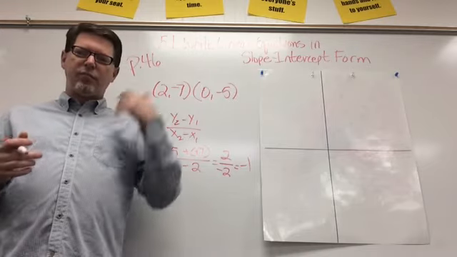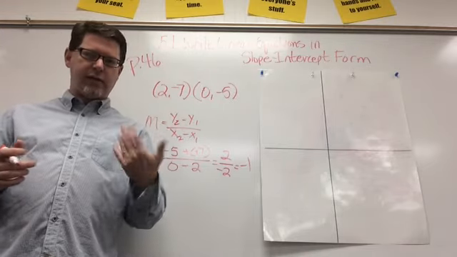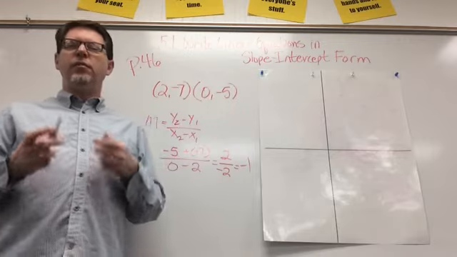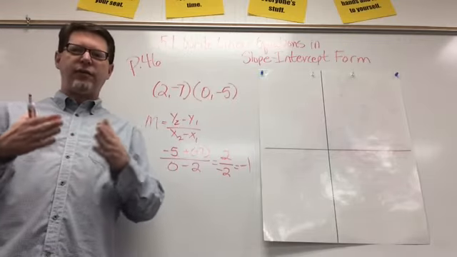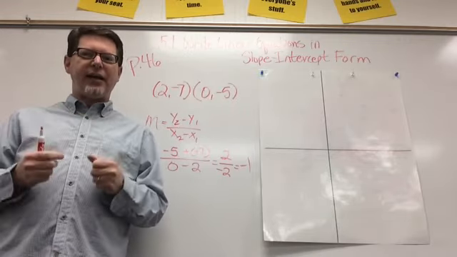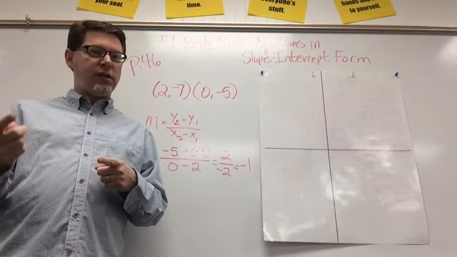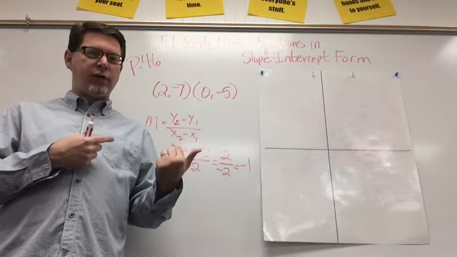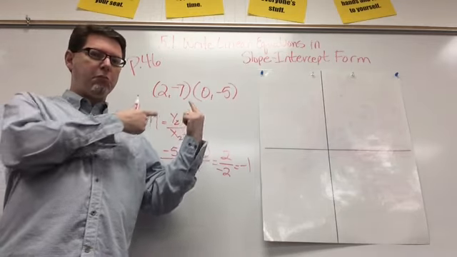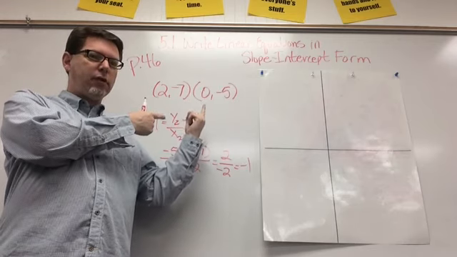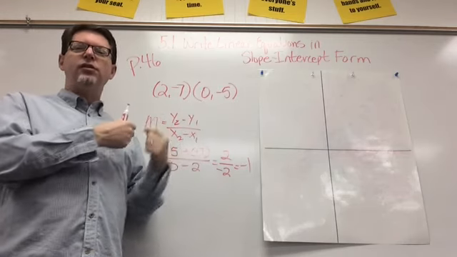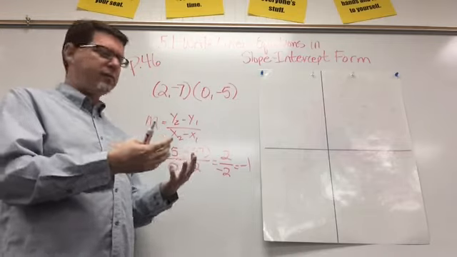Let's think. Back in the olden days, like last chapter, we remembered that anytime we're trying to find our y-intercept, x equaled 0. So do we have a point where x equals 0? Perhaps. Oh, 0, -5. So if x equals 0, then the y-intercept is -5.